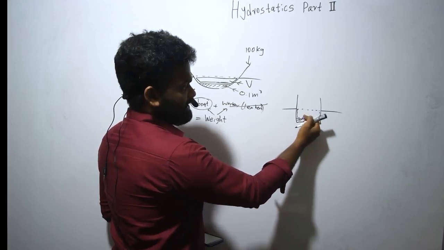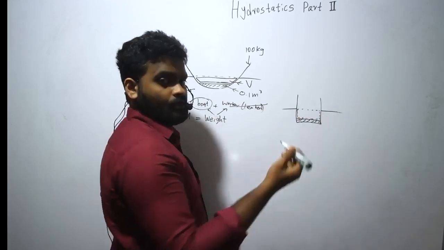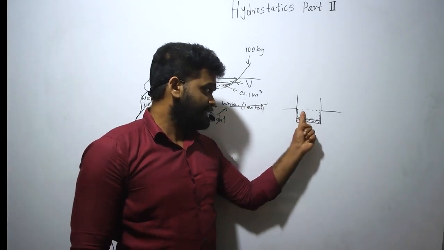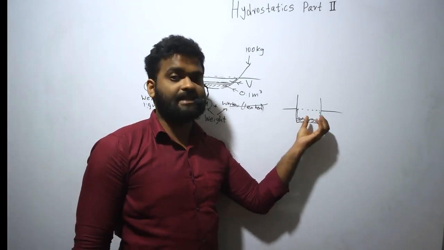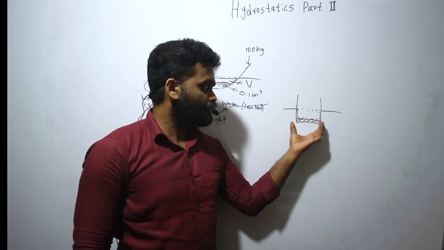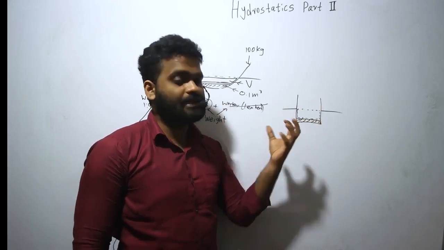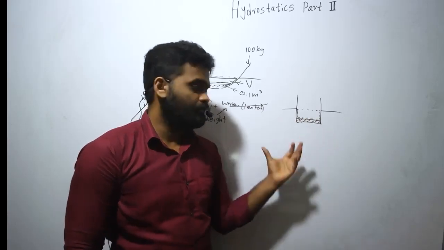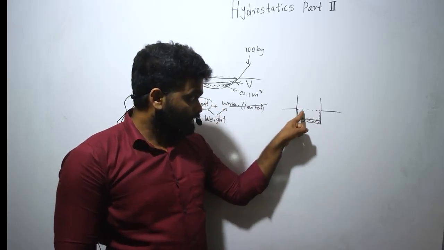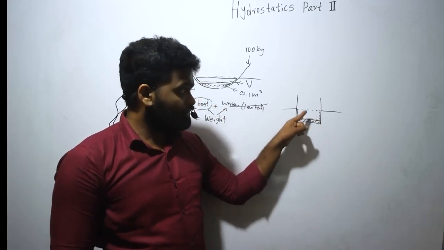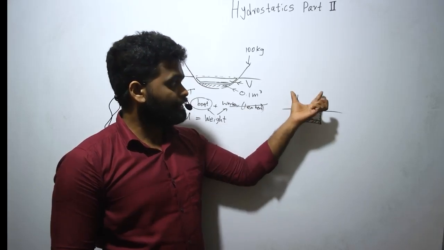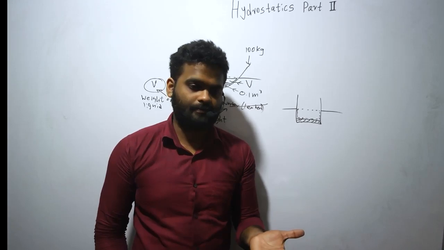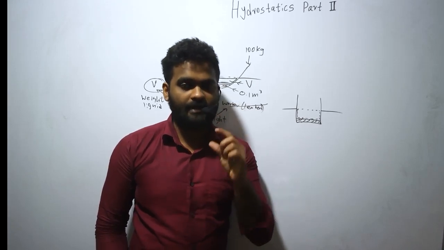So this is additionally displaced. Why is it always there? This volume creates the necessary upthrust to hold the empty vessel. The liquid weight inside is already balanced by the water. This volume is always related to the empty vessel, or it can be a boat, it can be a ship, right? That point you have to clearly understand.